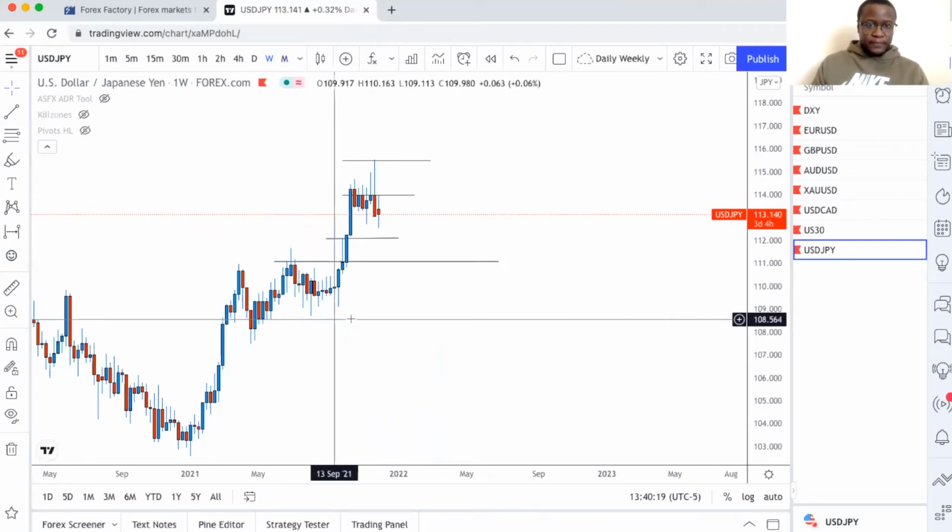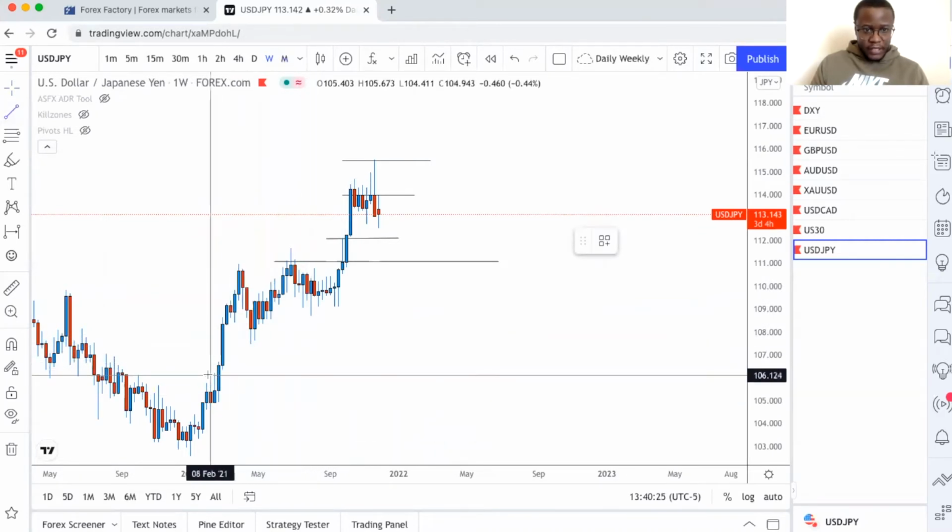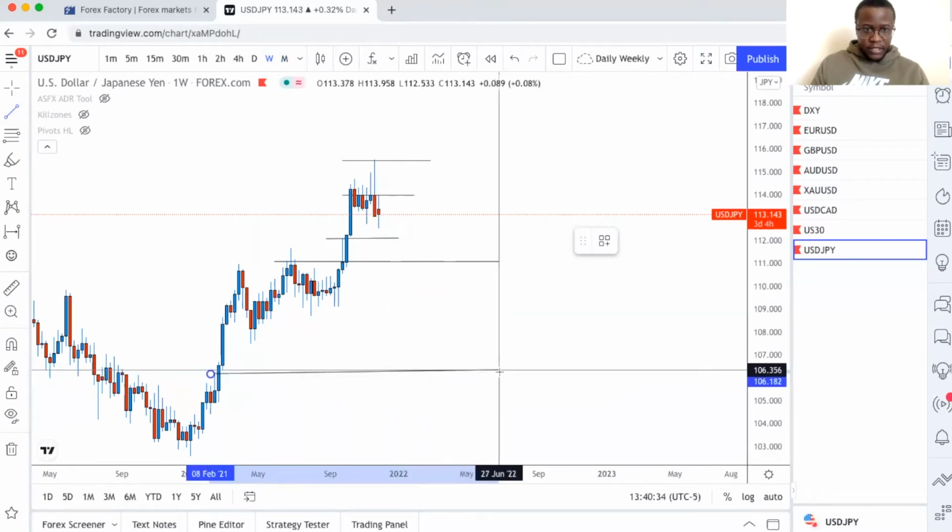So we had this weak level right here as well. So something like this, big gap, big gap. And these are the best ones, best trading opportunities.